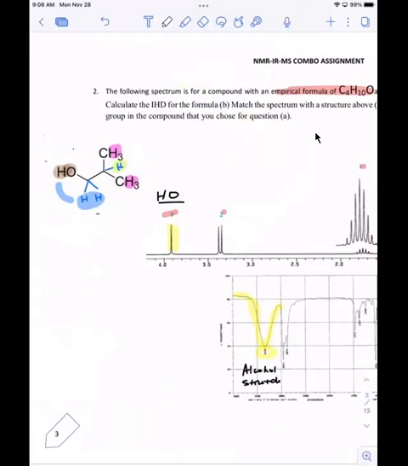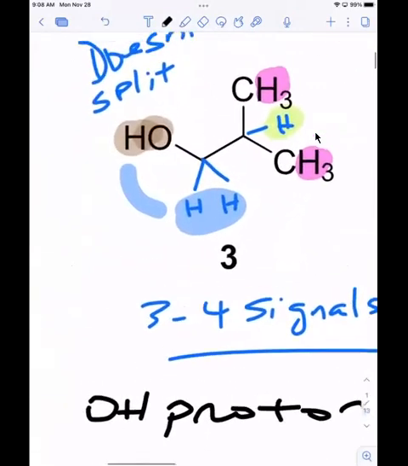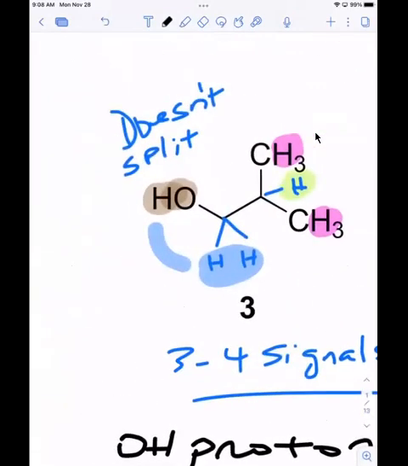So is it because there's none of the same OH? If we go back up to the initial example, right, we talked about that. The OH proton, it doesn't couple with neighbors. So you're not going to see a splitting pattern because it doesn't couple.